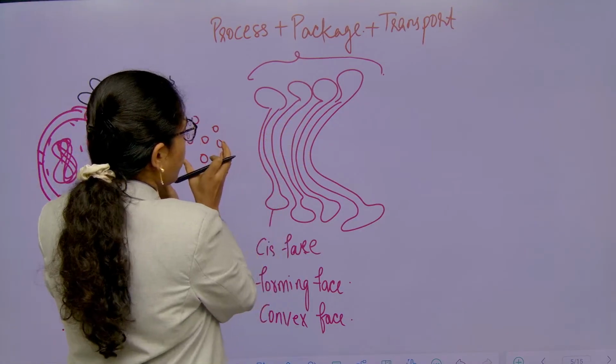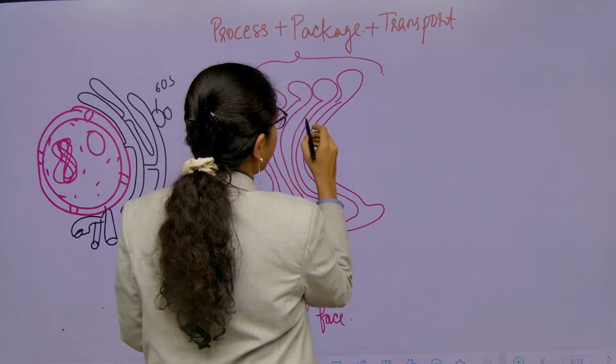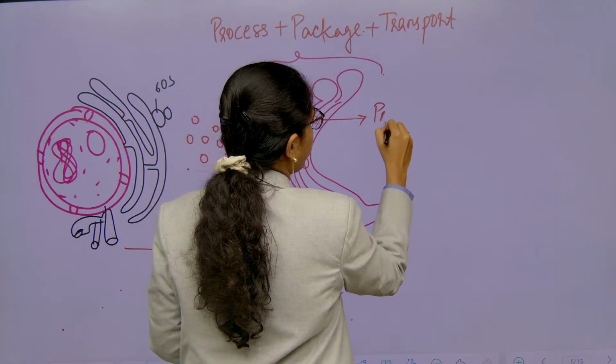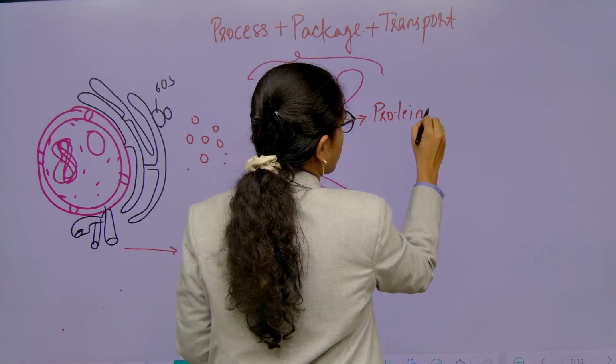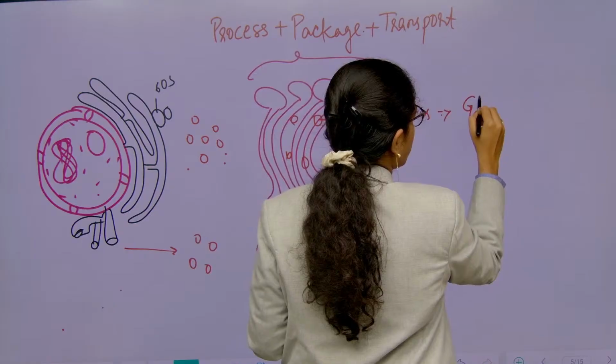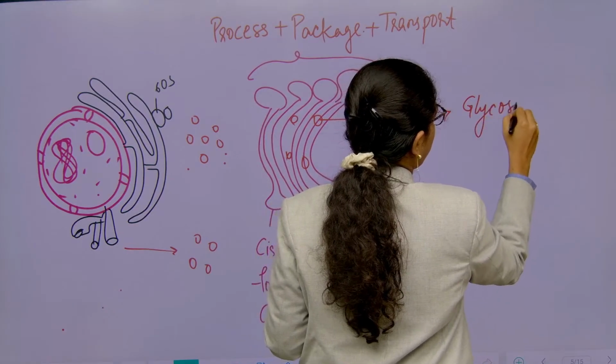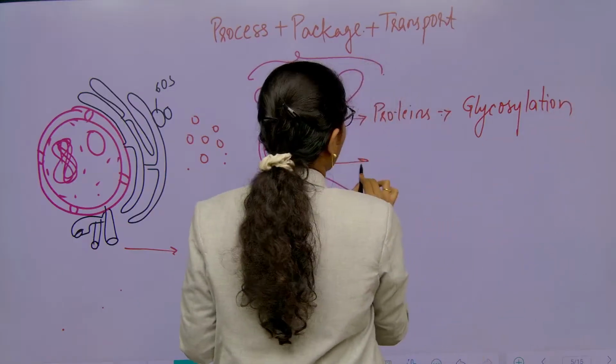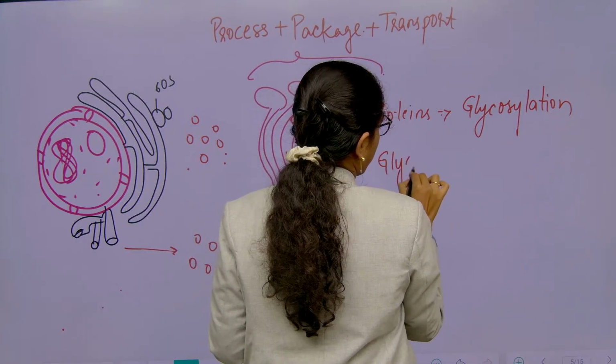Processing and packaging means what? The proteins will be glycosylated here. Proteins are subjected to what? Glycosylation. And glycosidation of lipids.